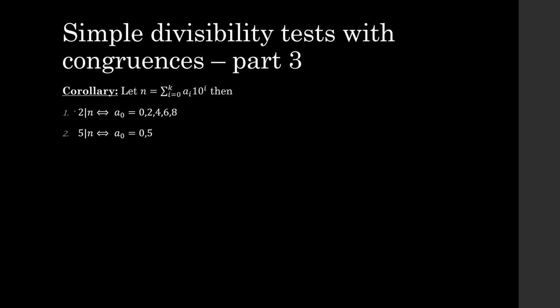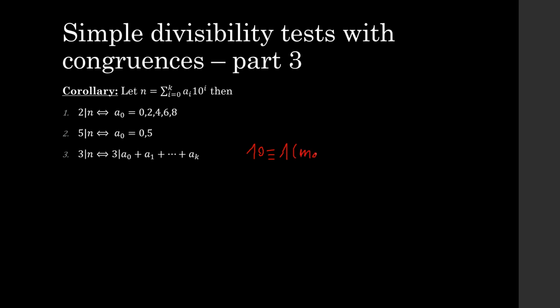So 2 and 5 are the prime factors of 10, and so that means that we can apply this for 2 and 5. Now, what about 3? When does 3 divide n? Well, 3 divides n when 3 divides the sum of the digits. Now, why is that? Well, because we're in base 10 here, we'll note that 10 is congruent to 1 mod 3.